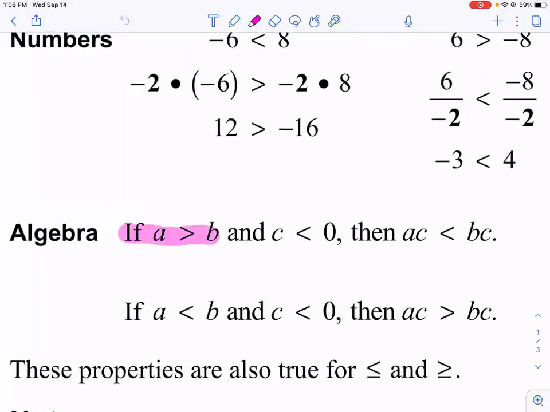If A is greater than B and C is a negative number, then when we multiply both sides by C, I want you to notice what happens.